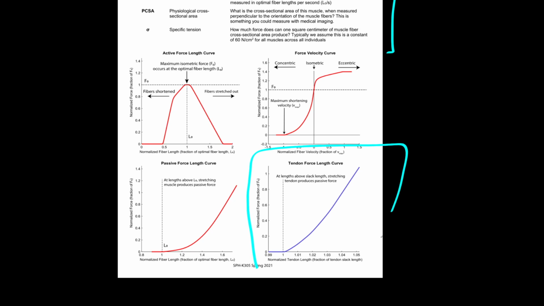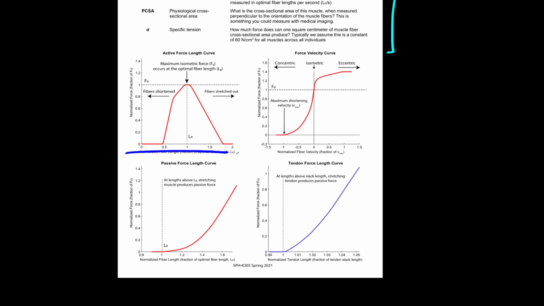This curve down here for tendon is something that we actually saw in Unit 2. The idea being that when you stretch a tendon past its slack length, then it starts to produce force, and you have this kind of nonlinear toe region and then a linear portion up here. And that's just showing that stretching out a tendon produces passive force.